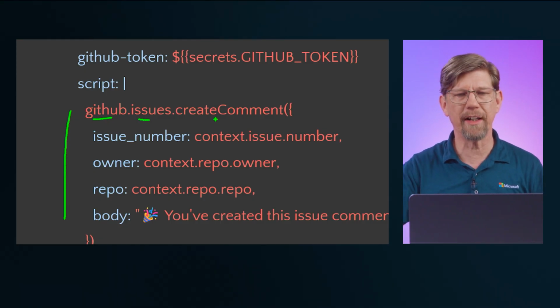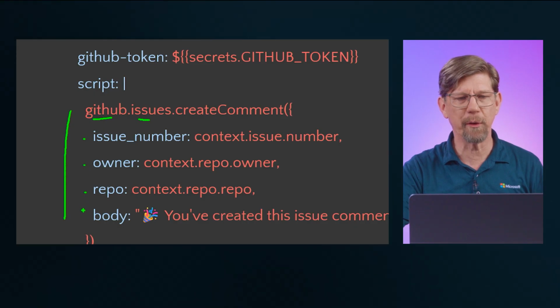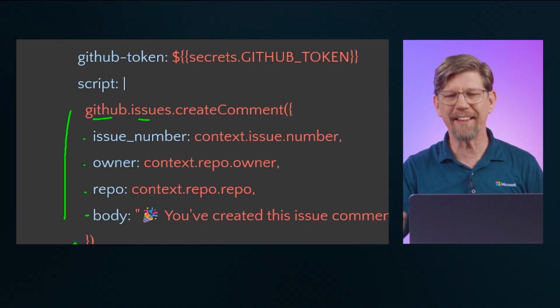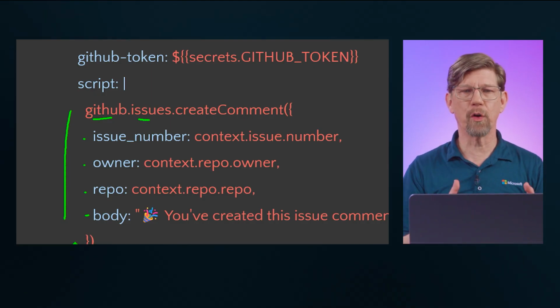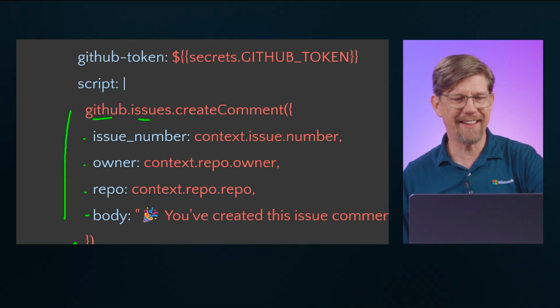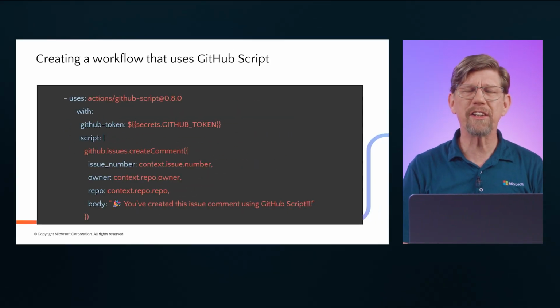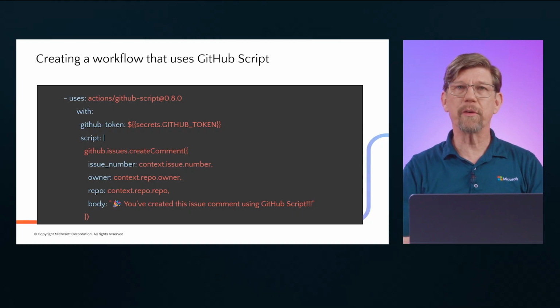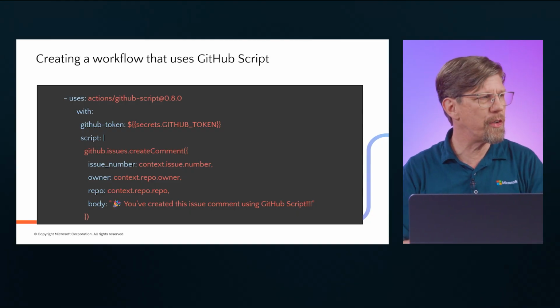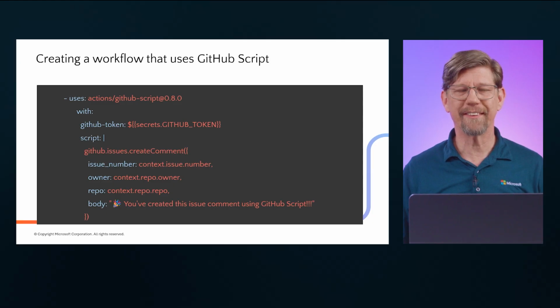We pass in the parameters: what's the issue number, who's the owner, what repo are we looking at, and what is the body that we want to add to it. Whenever this particular workflow runs, a new comment is added. A relatively straightforward way to extend our workflows to be able to talk back to GitHub.